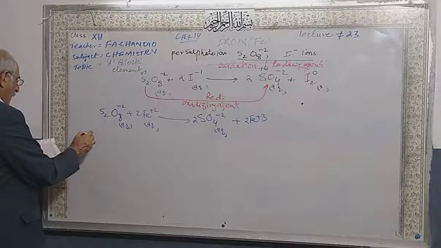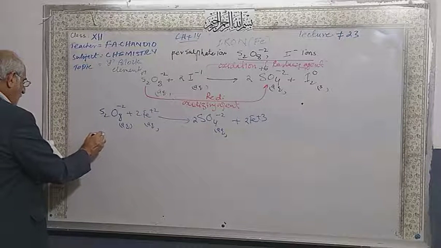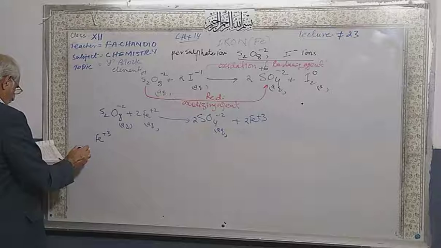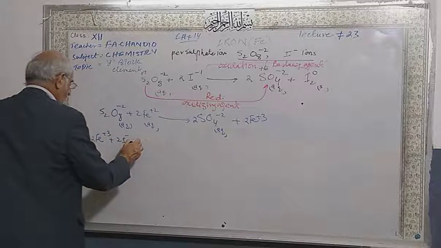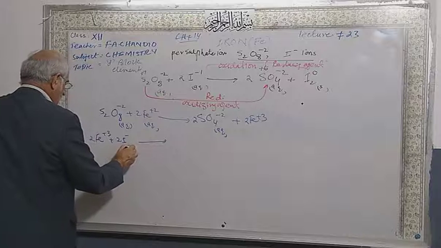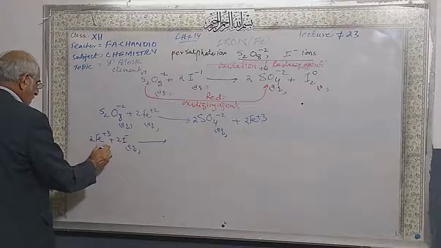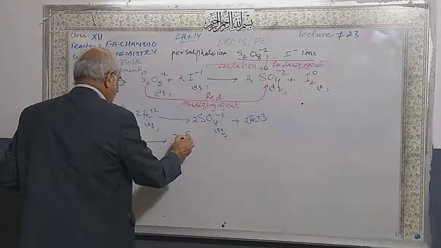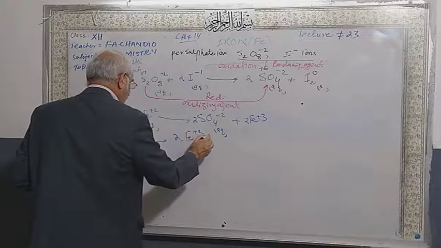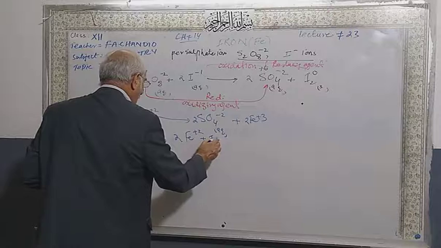So in the case of iodide, this iron positive 3 and 2 iodide ions in the aqueous solution, you will get again 2 iron plus iodine.